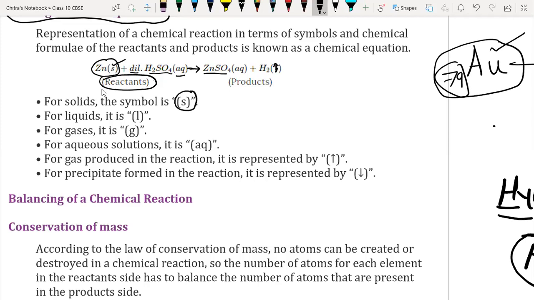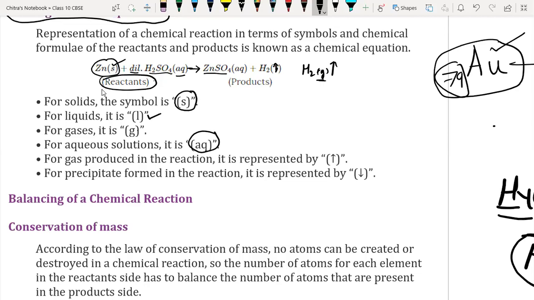If we use liquid form, we have to write small l inside the bracket. If we are using the gaseous form, hydrogen is released in the form of gas, so we can write hydrogen in bracket g, meaning gaseous form. So we are using small g inside the bracket. If an aqueous solution is used, then we have to write AQ.